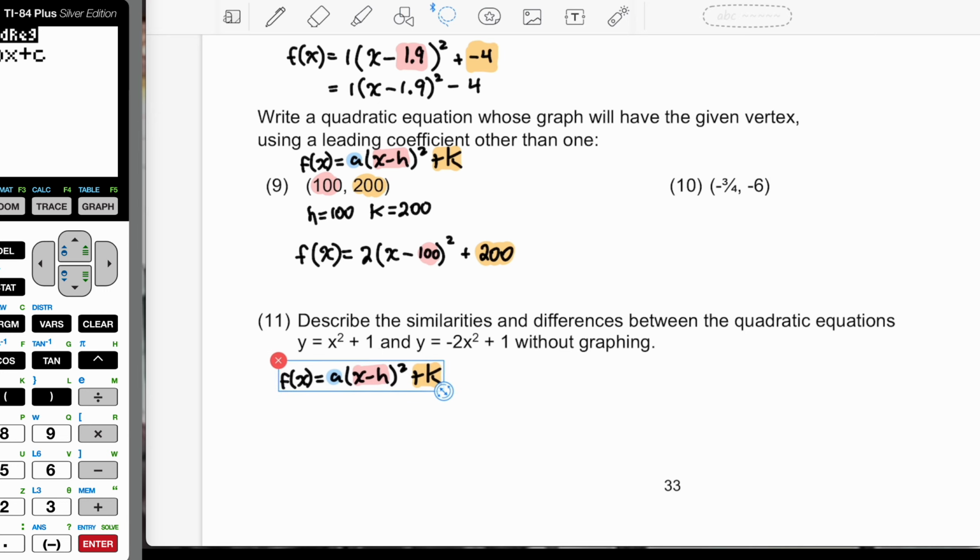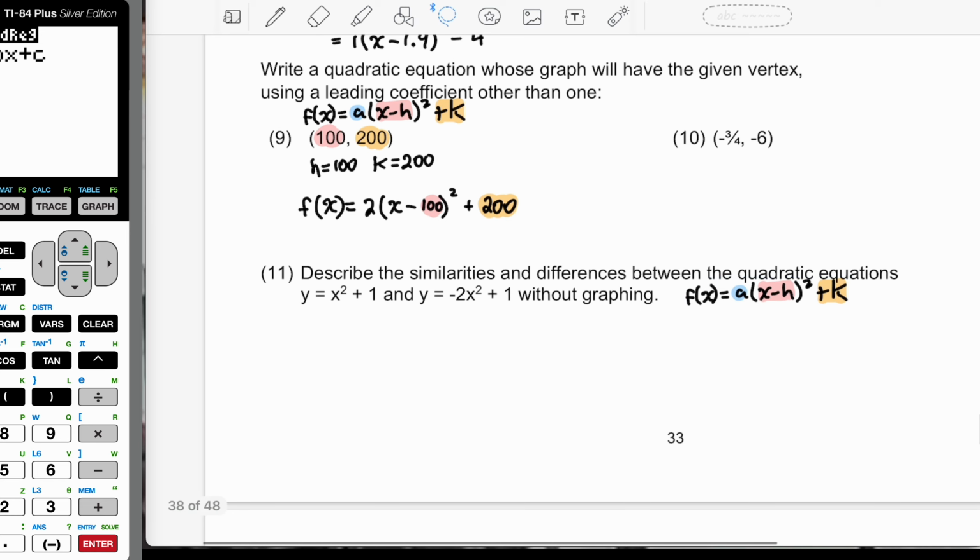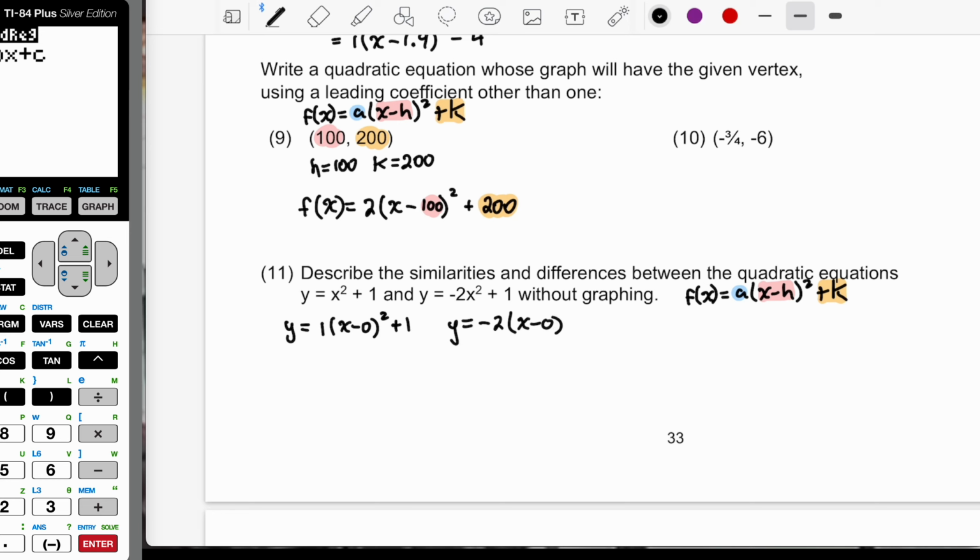So we're going to have y equals 1 times x minus 0 squared plus 1. And the other one would be y equals negative 2 times x minus 0 squared plus 1. So they're both in the vertex form, and you can see the h and k values are going to be the same. So they will have the same vertex.